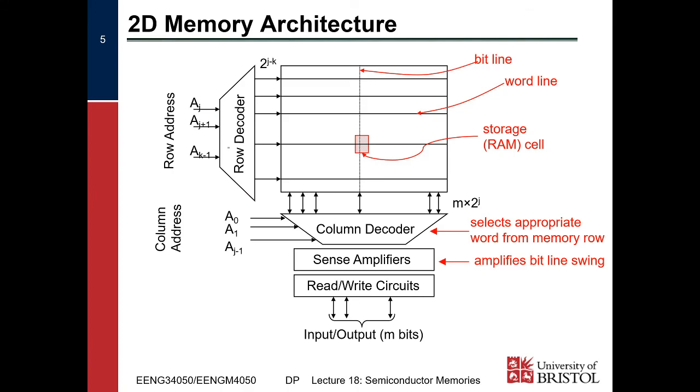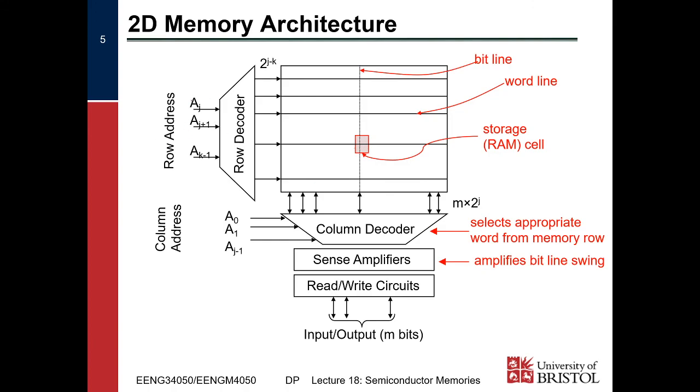Rather than just having a single row decoder and then all the bits from that row being output at once, we have a row decoder which selects a row of our memory, and we have a column decoder which selects a column of our memory, and then at one particular row column location we will have our M bits, right?